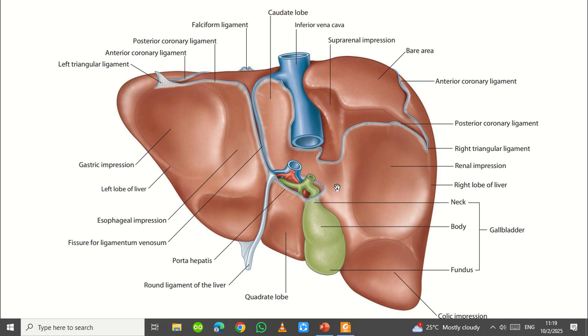That forms your right sagittal fissure. Your transverse fissure is formed by the porta hepatis, which is the hilum of the liver. Within the porta hepatis, you have structures that are entering and leaving.